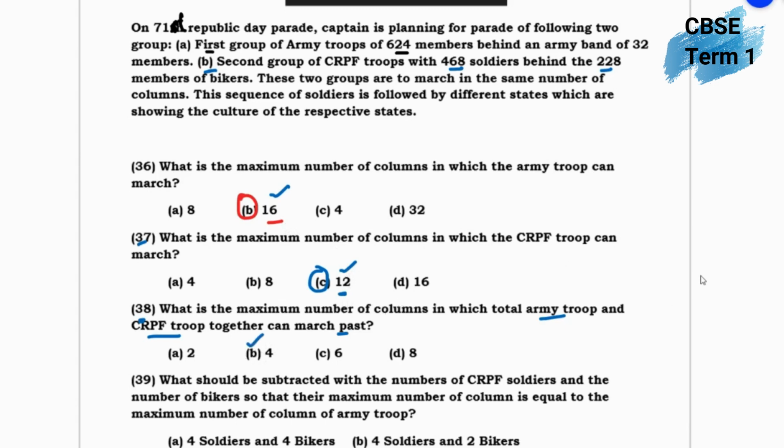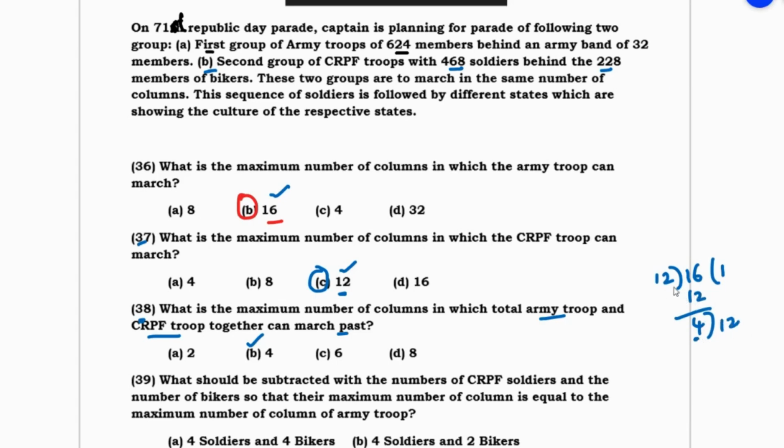So we will find the HCF of 16 and 12 by the division method. 12 ones are 12, remainder is 4. Now 4 becomes the divisor, and we'll take this 12 as the dividend. 4 threes are 12. So when we divide 12 by 4, the remainder is 0. Therefore, the HCF of 12 and 16 is 4. So the correct option for the 38th question is 4.